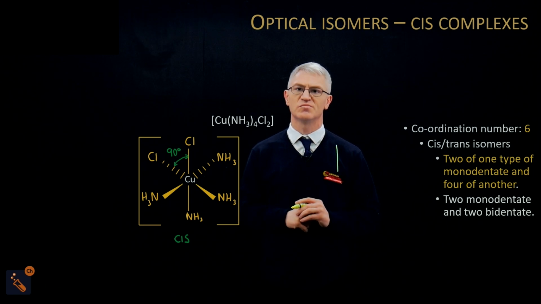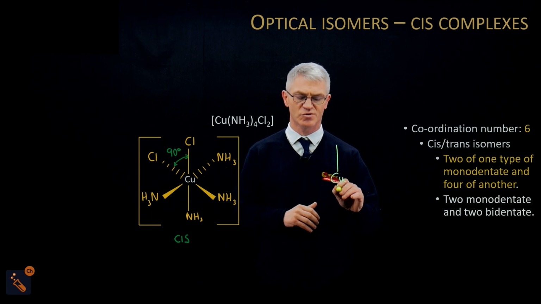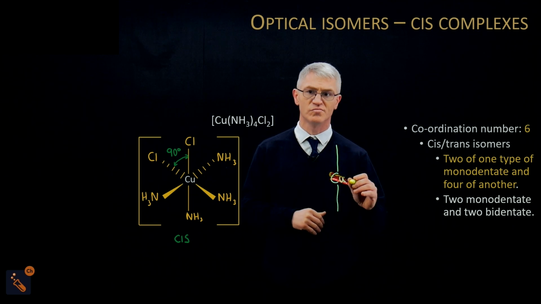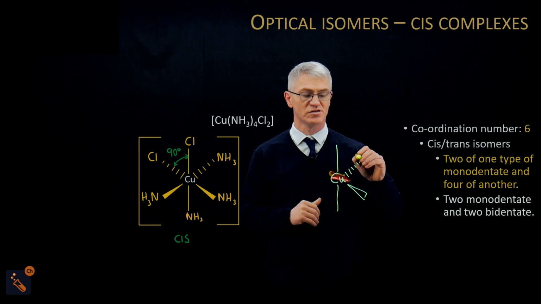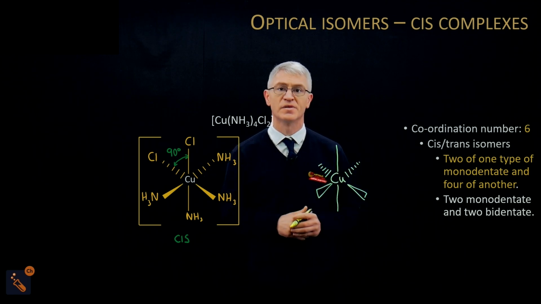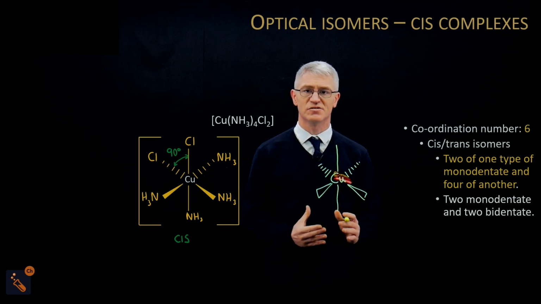There's my bond, there's my copper. There's my bond going out the bottom. And then I draw my wedges and my dash, because it's an octahedral complex, so I always do this first before I draw the rest out. And then I start putting my ligands on.